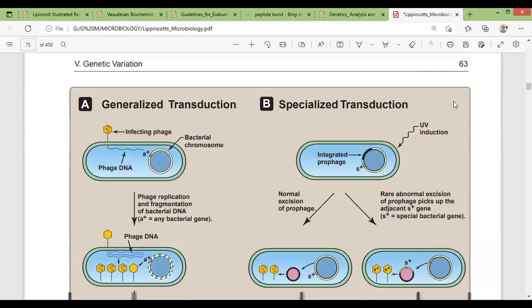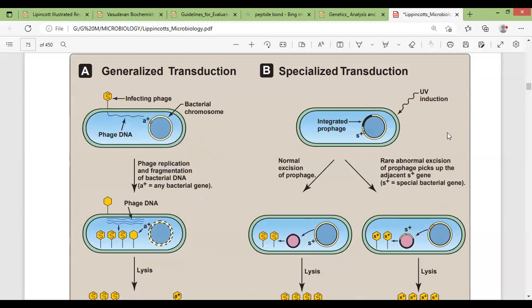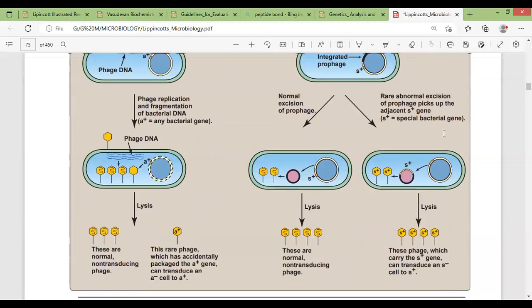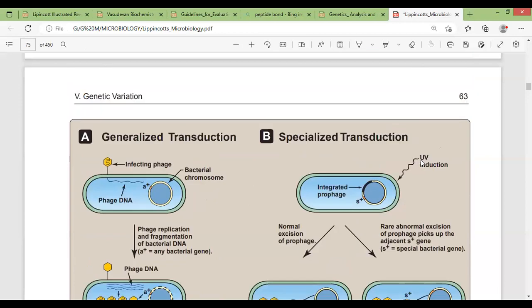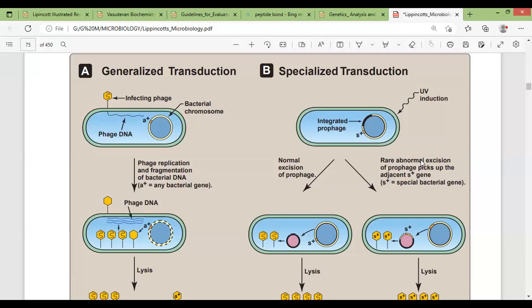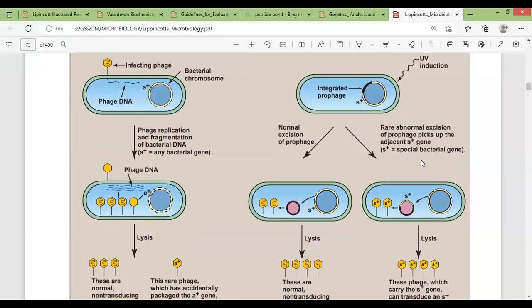There is this UV induction, and once there's that UV induction, there is normal, okay, for the specialized. I didn't see it being discussed in many books, but let's just look at it here together.